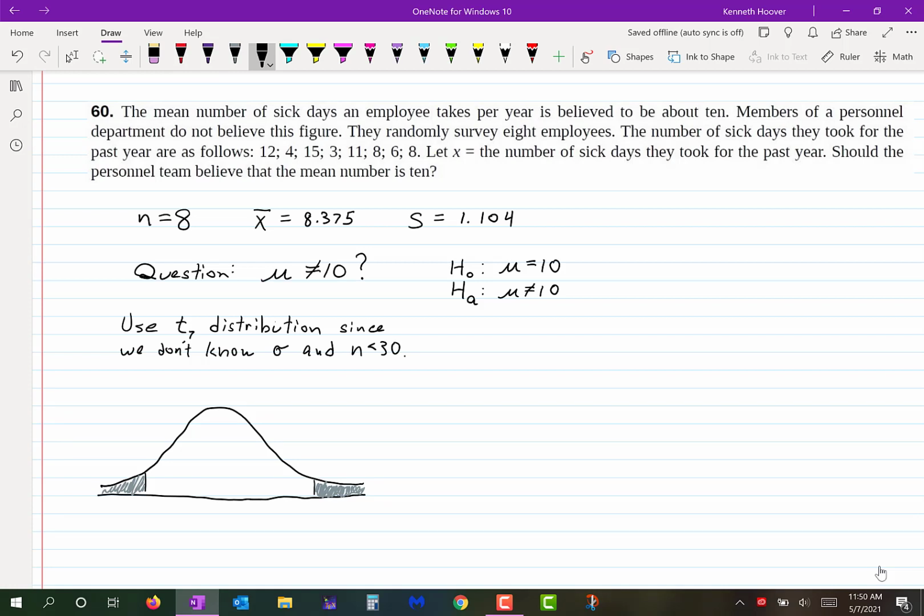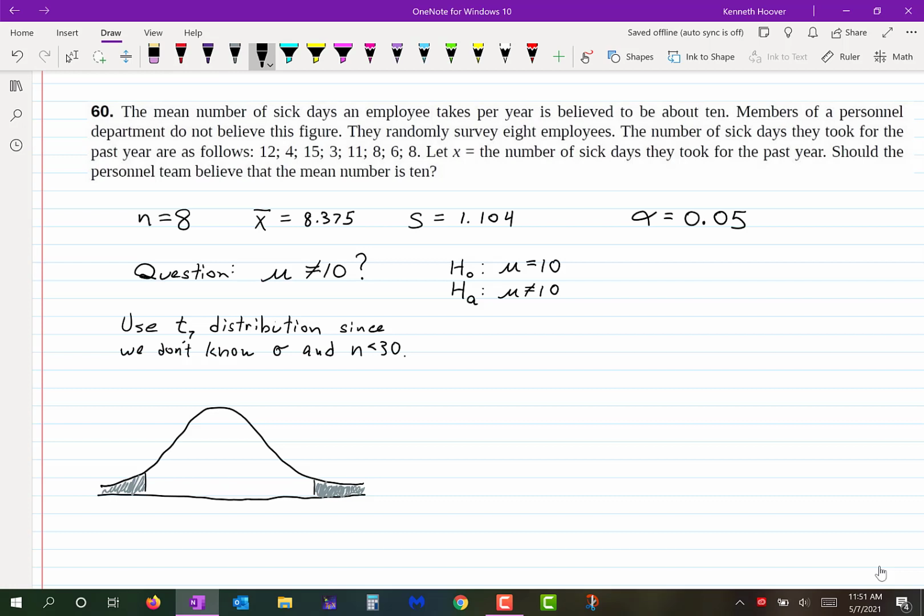Okay, notice also, here's something interesting. They didn't give us an alpha, did they? That means they're leaving it up to us. So let's just choose alpha to be 0.05. We're just asking about 6 days here. This isn't super important.